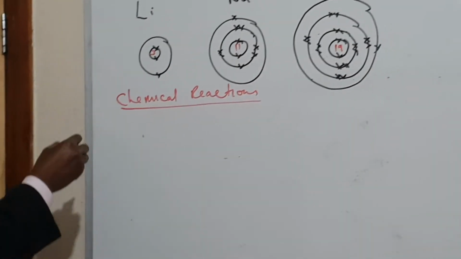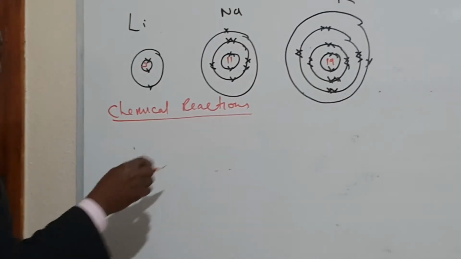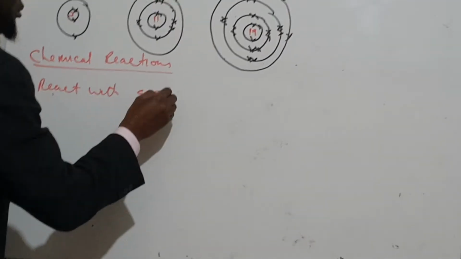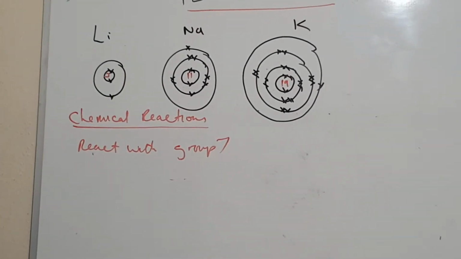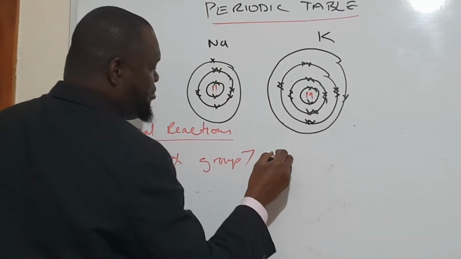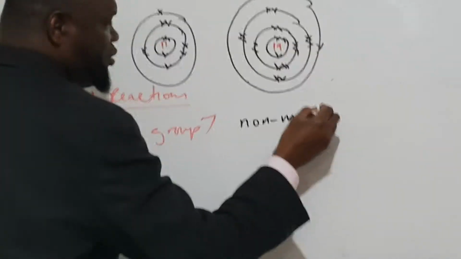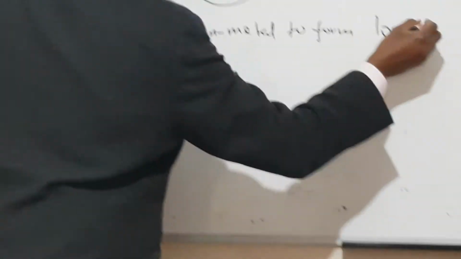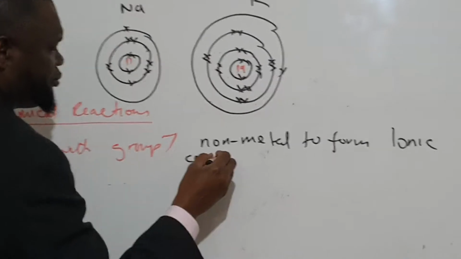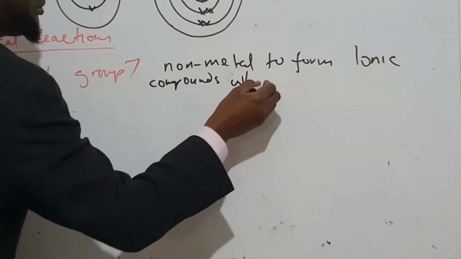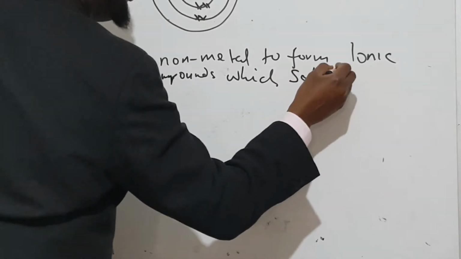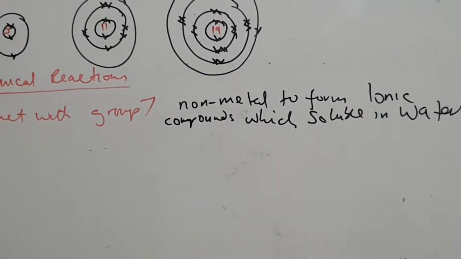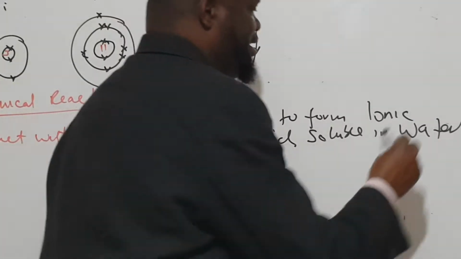Now, first of all, they react with group 7 non-metals to form ionic compounds, which are soluble in water. Water is the universal solvent.